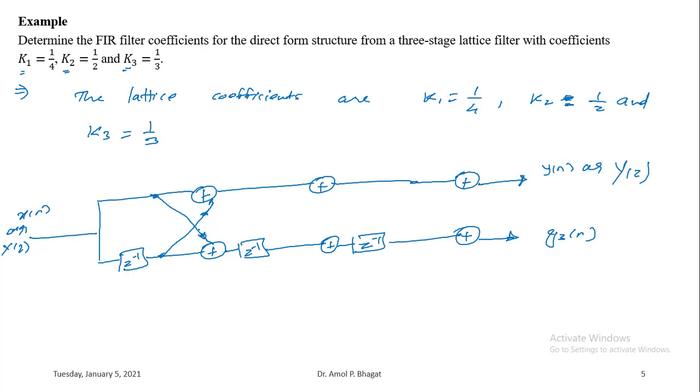Okay, so the value of k1 in this case is 1 by 4, right? While k2 is 1 by 2, and k3 is 1 by 3.